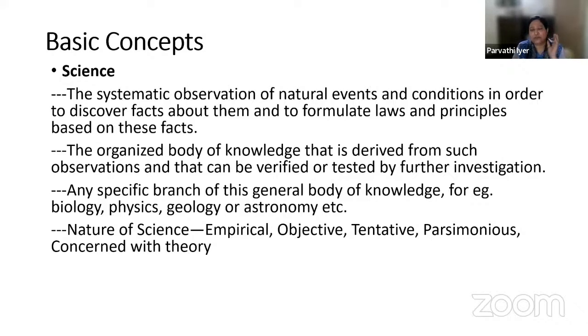So the basic objective of science is to undertake systematic observation and to come up with laws and principles. Over a period of time, we find that scientists have undertaken this kind of systematic observation and study, and there is an organized body of knowledge.